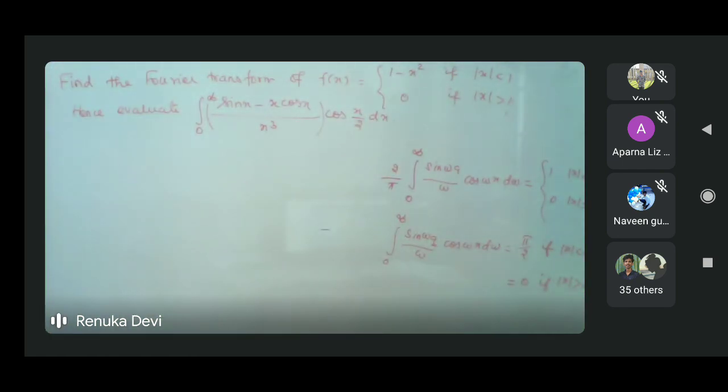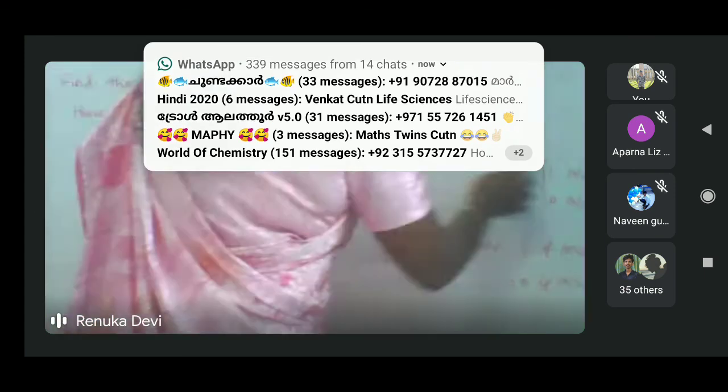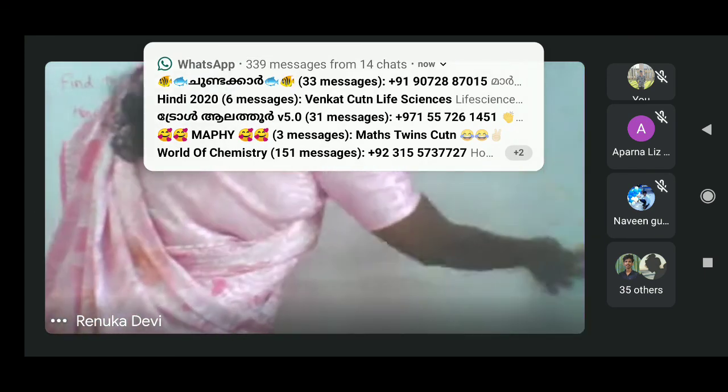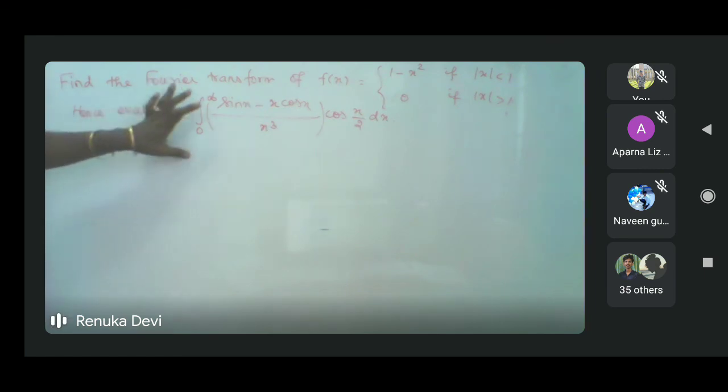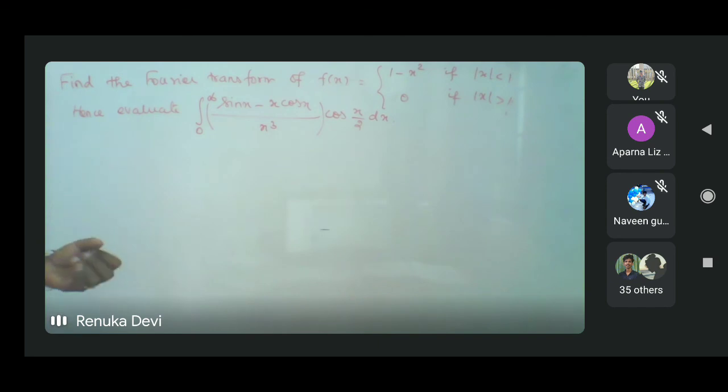First you find the integral transform. If you want to evaluate or hence find the integral, then first you find the Fourier transform, then you find the inverse Fourier transform. Okay. So first you find the Fourier transform. What is the Fourier transform here?